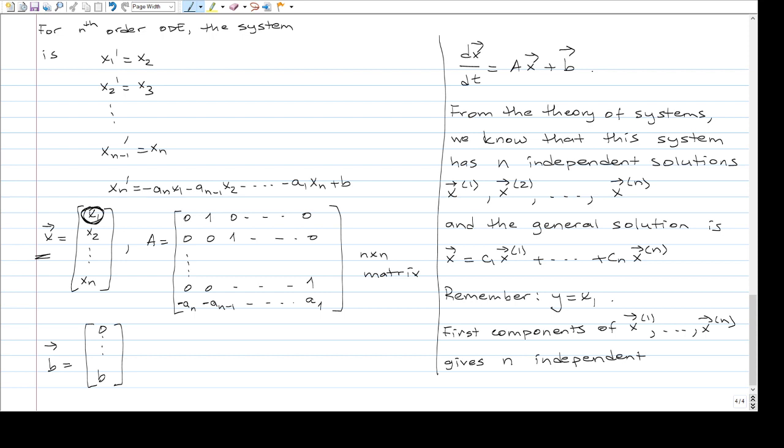So all the first components of the solutions are going to be independent. So this gives n independent solutions, y1, y2, up to yn. Okay.